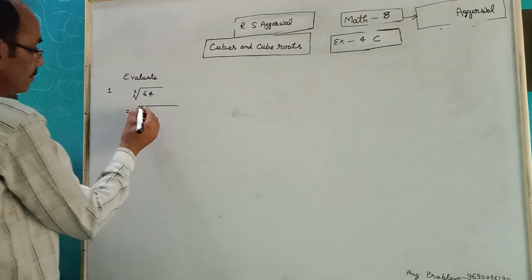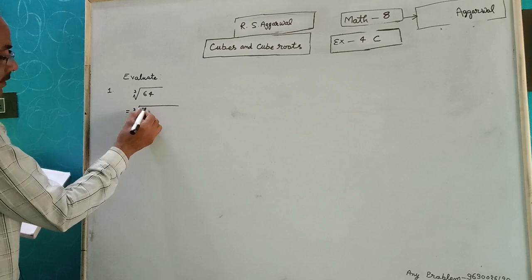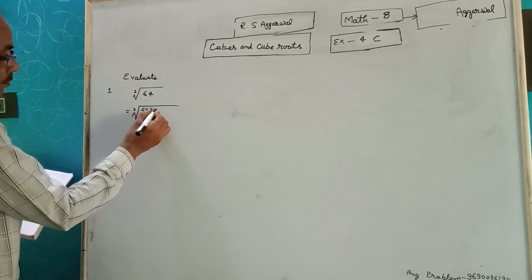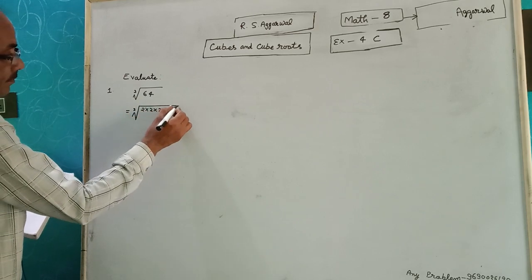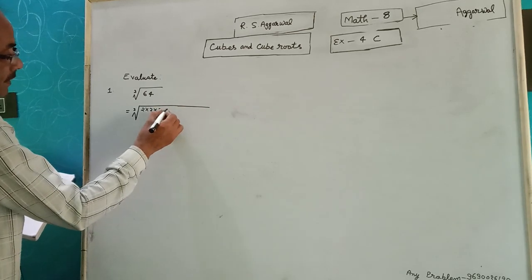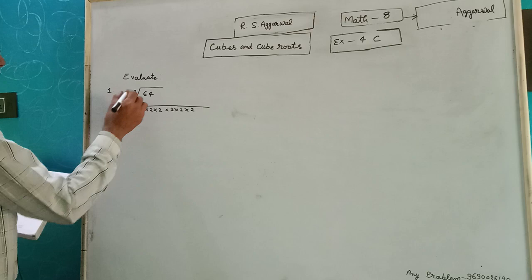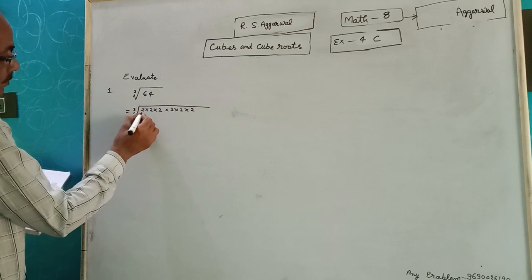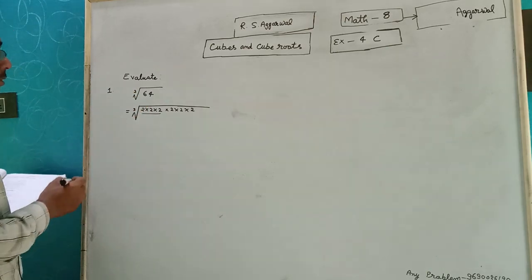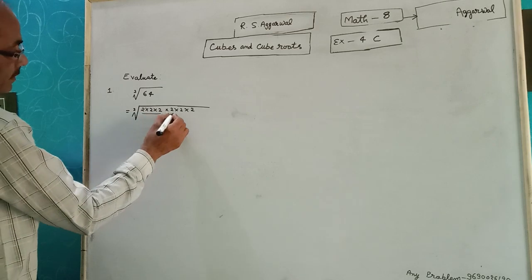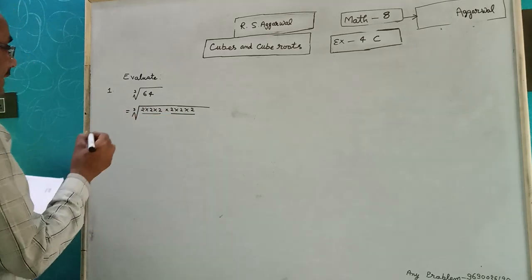Do the factor. Factor will be 2 into 2 into 2 and 2 into 2 into 2. Cube root, show pair will be 3, same.